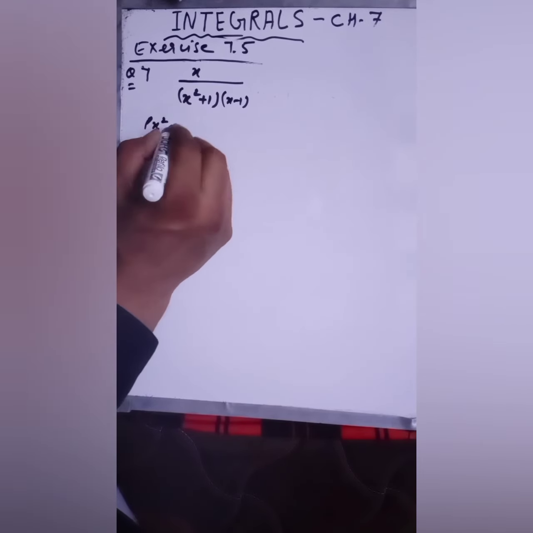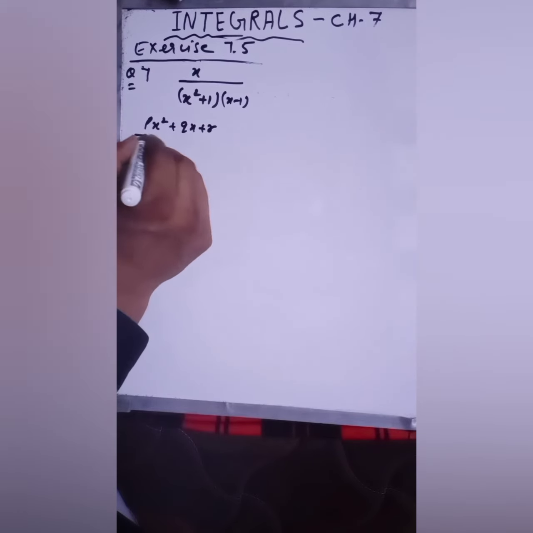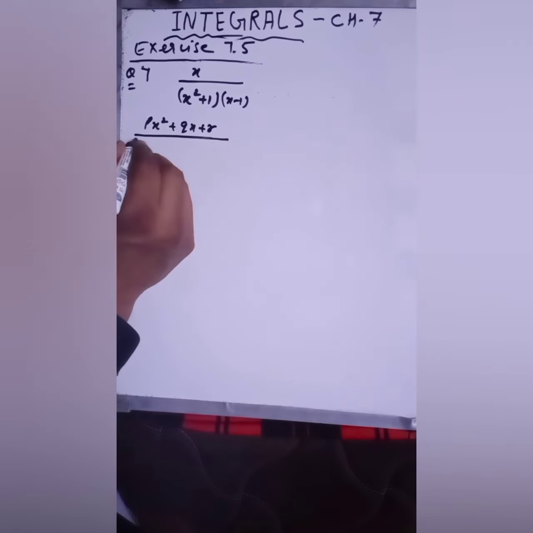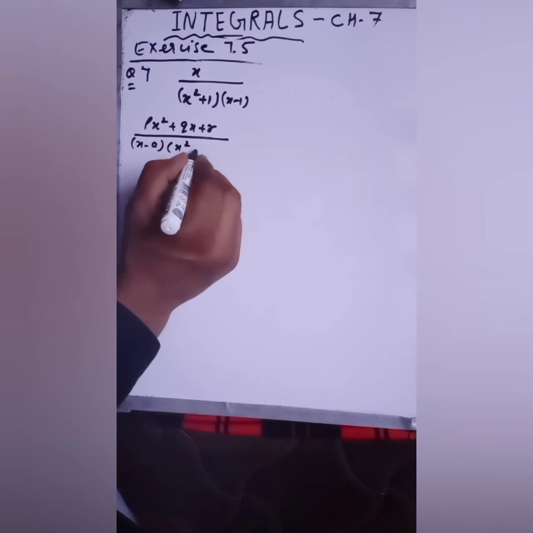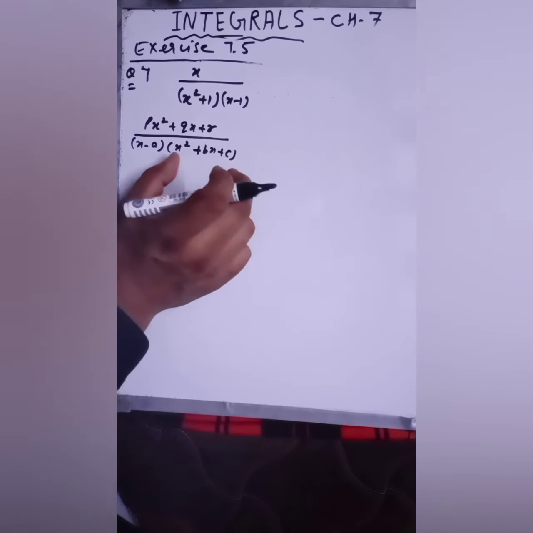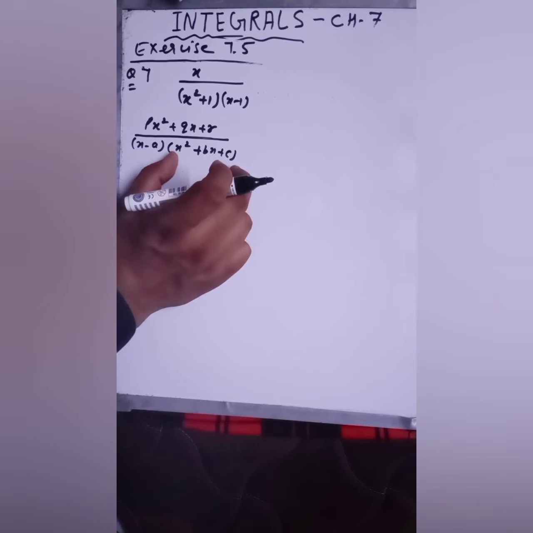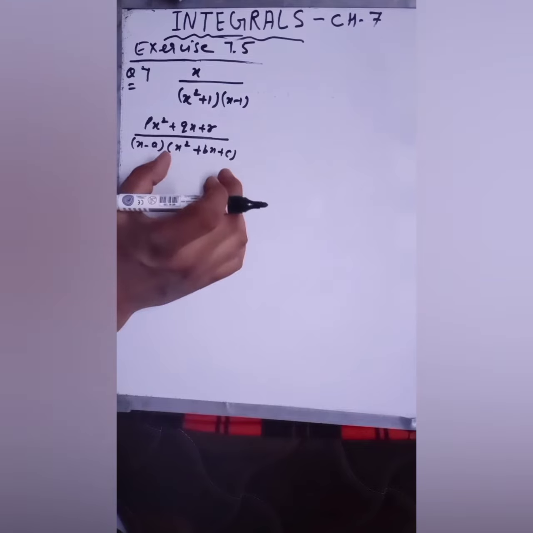px square plus qx plus r over (x minus a)(x square plus bx plus c). This is your quadratic expression. It is in this form, x square plus 1.